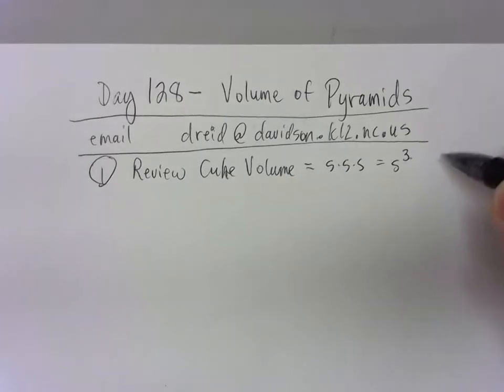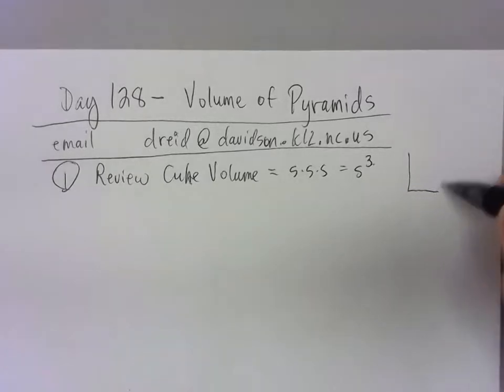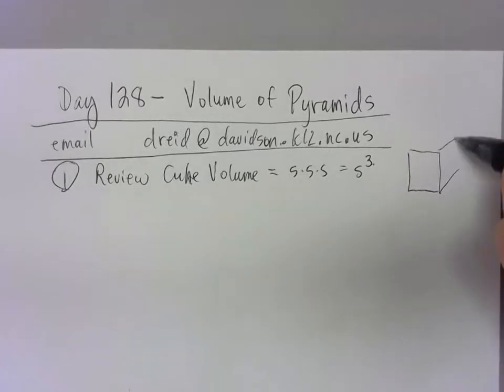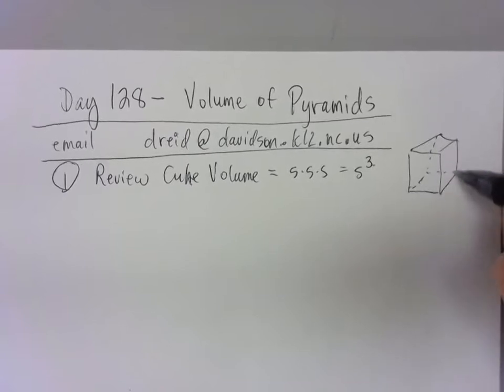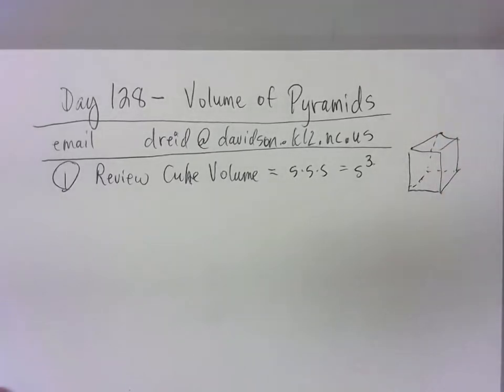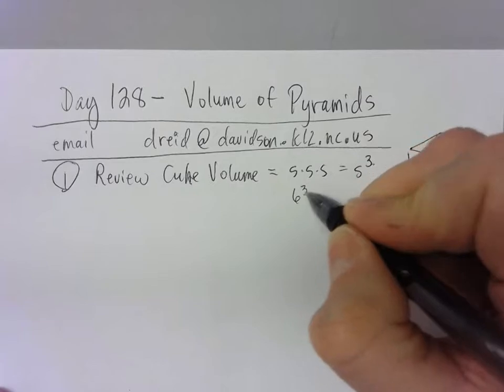So if we had that, I think I can draw it over here if I scoot my paper over a little bit. So let's say we had this little cube. If we knew that was 6 centimeters, then of course that would be 6 to the third power.